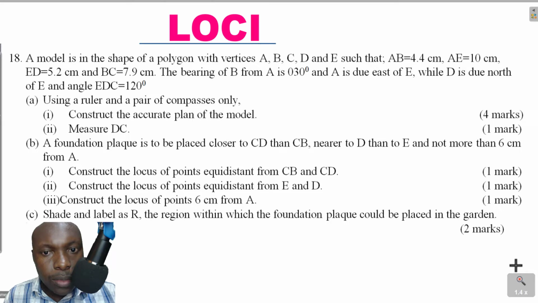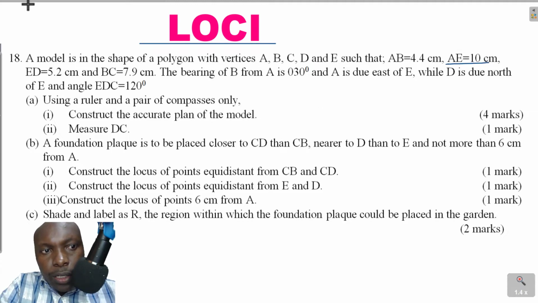There is a polygon ABCDE. The measurements are given there: AB, AE and ED. I think I'll start by drawing line AE, which seems to be the longest, 10 centimeters.